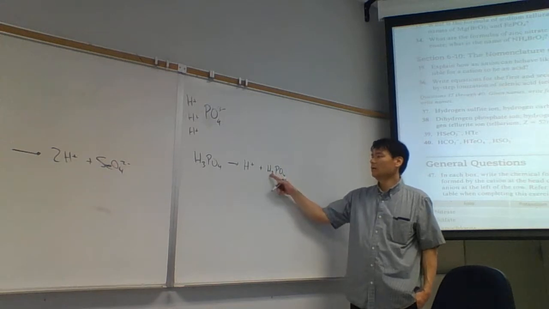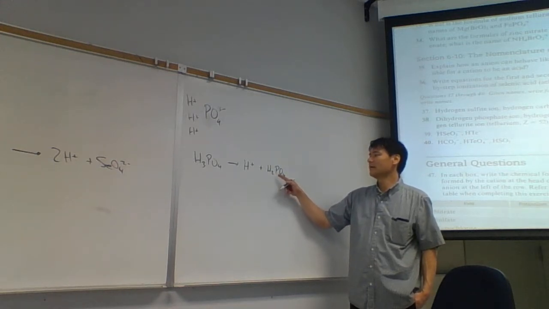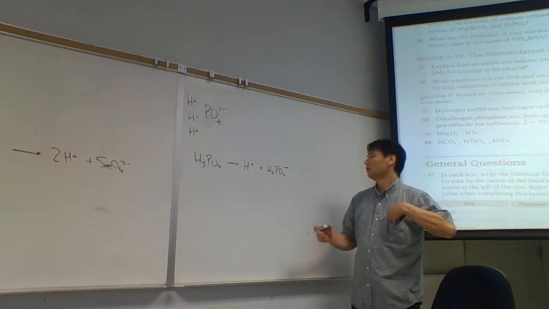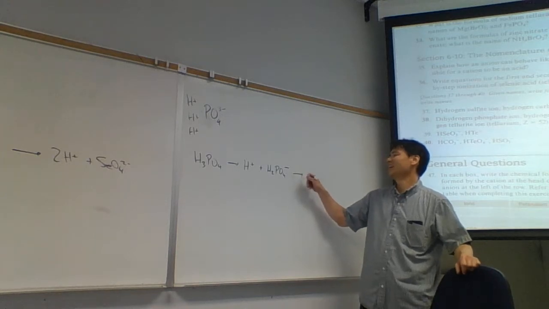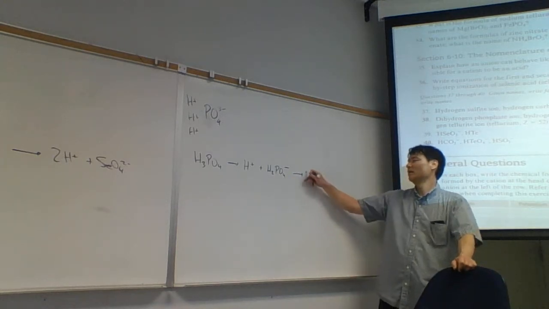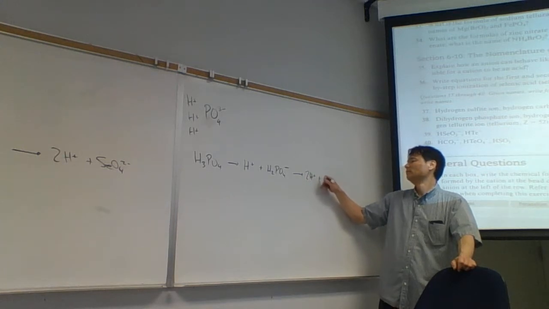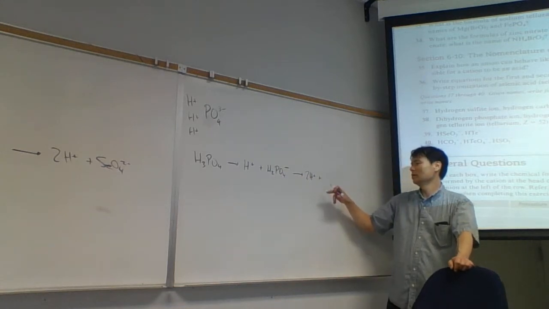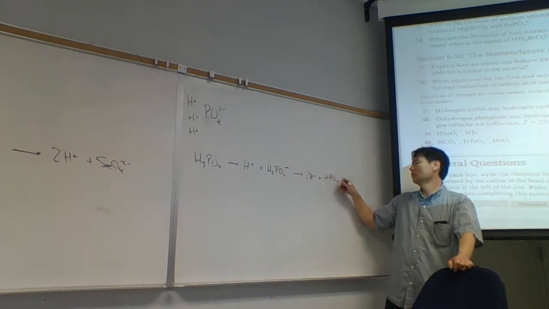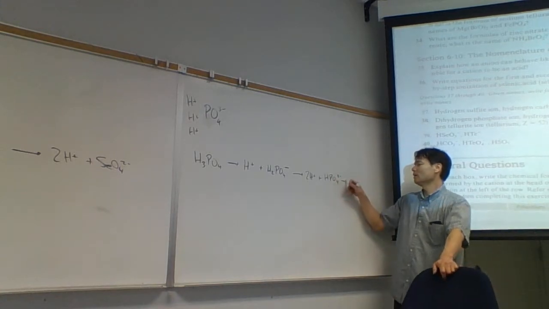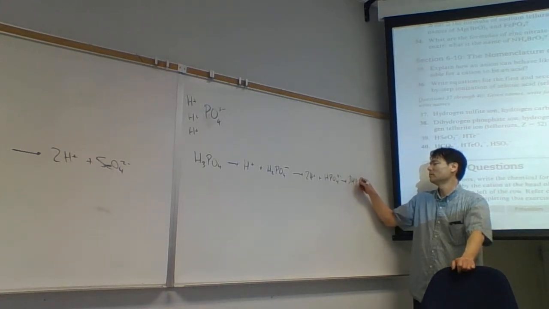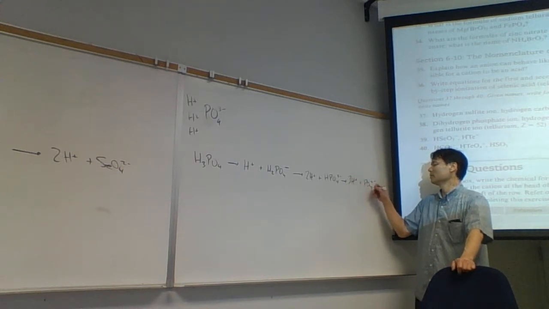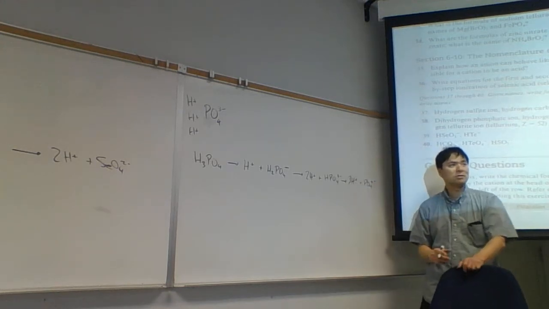Each hydrogen is plus and phosphate is 3 minus, so this has a net charge of minus 1. Then the next hydrogen can break off, and we'll keep a running total. Now we'll have 2, and this leaves HPO4 with a 2 minus charge. Finally, the last hydrogen can break off, giving us 3 hydrogens and a phosphate. So we've broken this apart into the ions. This is called ionization.